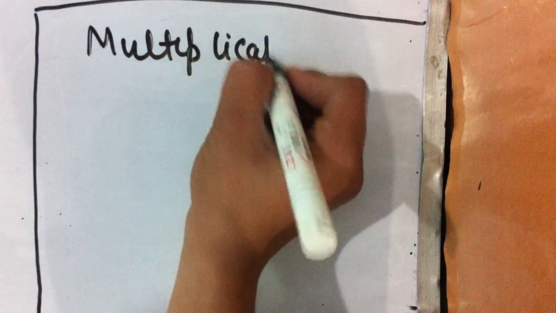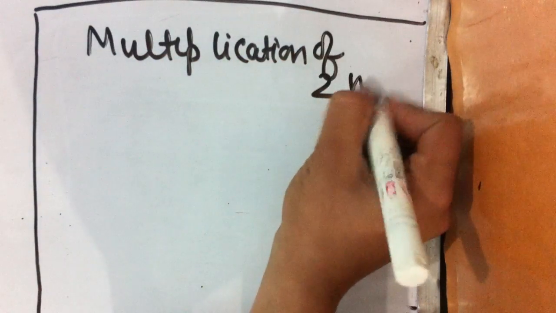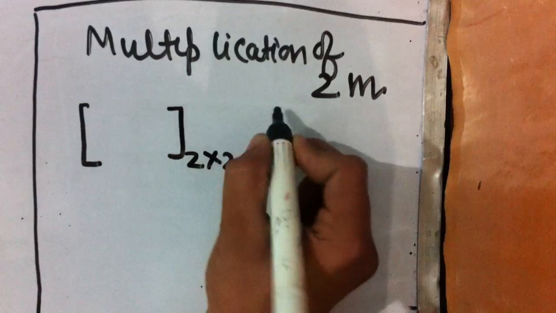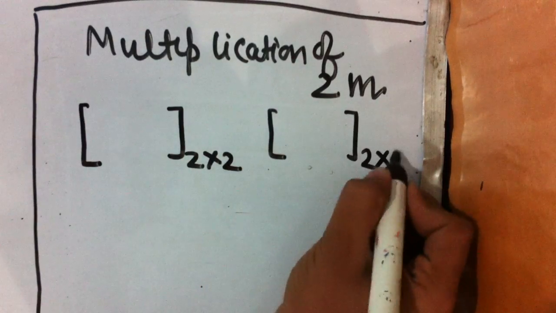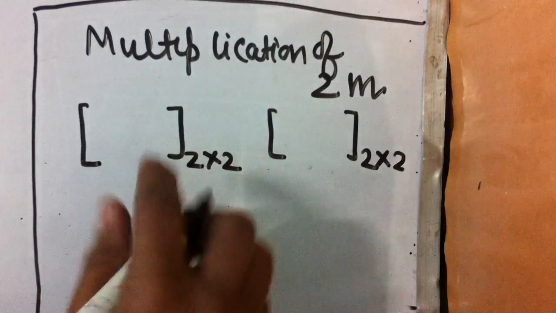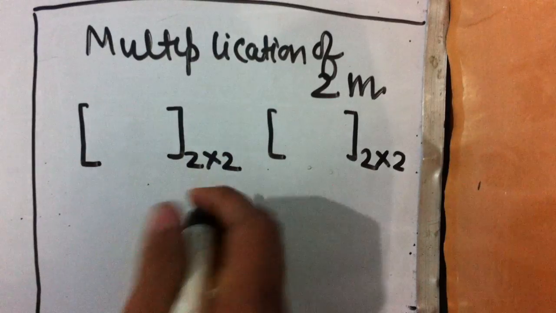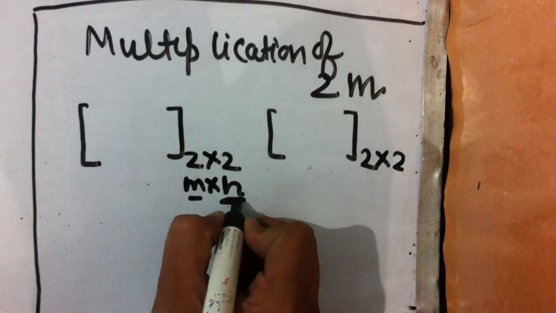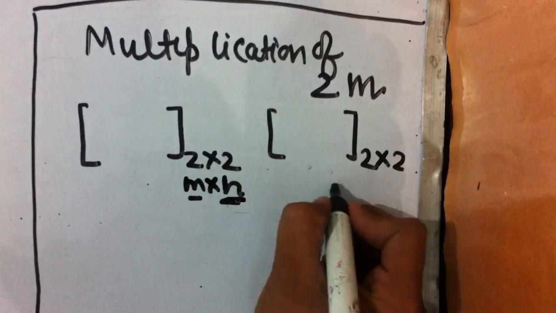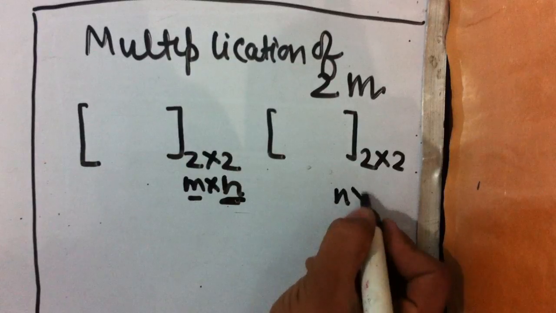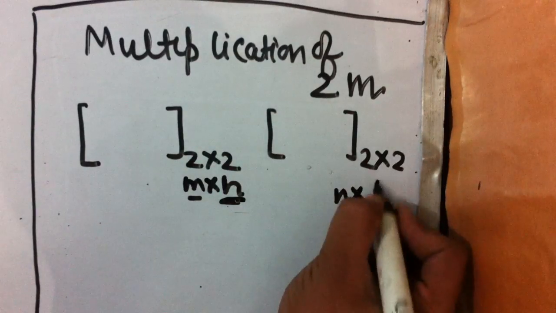Moving on further, we have multiplication of two matrices. Suppose first matrix is of order 2 by 2 and the second matrix is again of order 2 by 2. Now remember, in case of multiplication of two matrices, the first matrix has row number m and column number n, and the second matrix must contain the row number equal to the column number of the first matrix, that is n, and the number of columns of the second matrix can be anything.